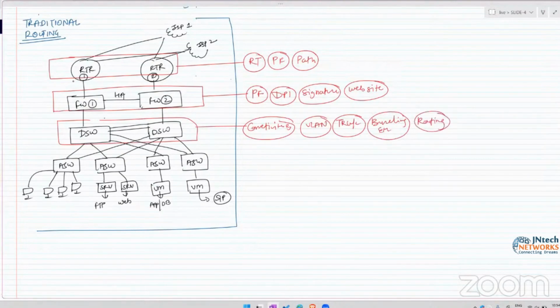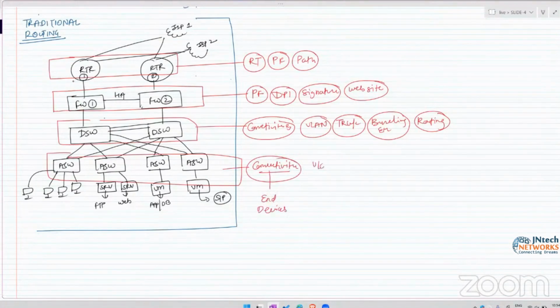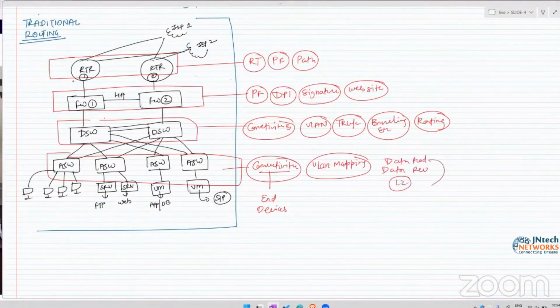Now, this access layer switch only provides connectivity for which devices? End devices. Only VLAN mapping we do, and data forwarding, data received on the basis of only layer 2.